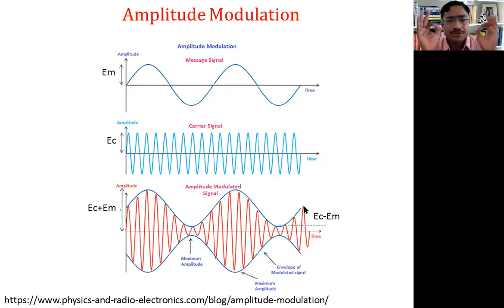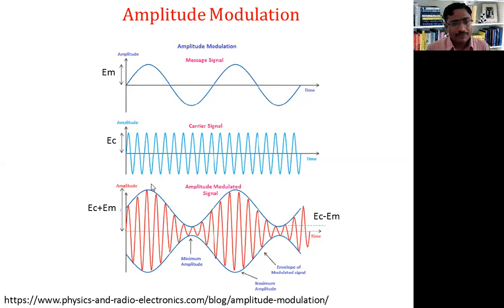So amplitude modulation is the process in which the amplitude of the carrier is varied according to the amplitude of the information signal by keeping its frequency and phase constant. So we have a message signal, we have a carrier signal, and when the message signal, that is the modulating signal, is superimposed here, we get the envelope of the amplitude modulated signal.